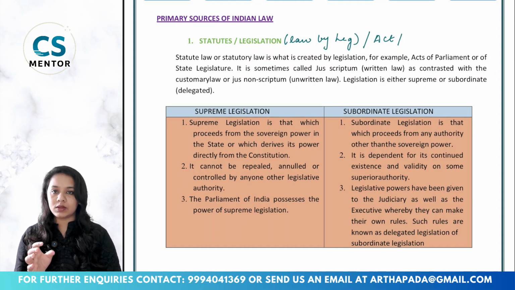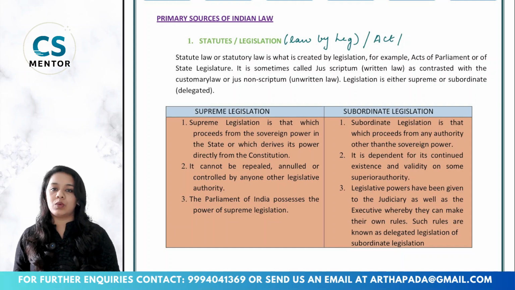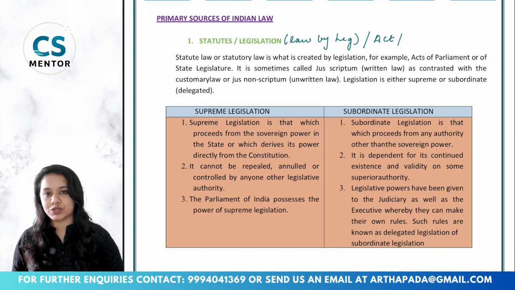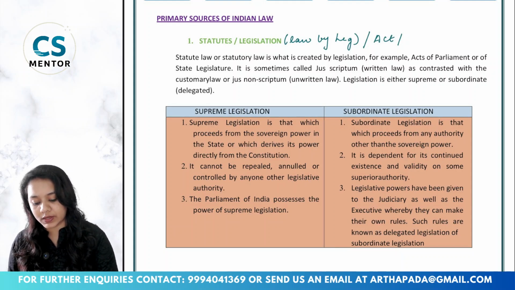Now, if you look at legislation itself, it can be distinguished from customs due to one simple principle. The principle is that in our country, or generally in jurisprudence, we have the concept of written law and unwritten law. Written law is jus scriptum, and unwritten law is jus non scriptum.